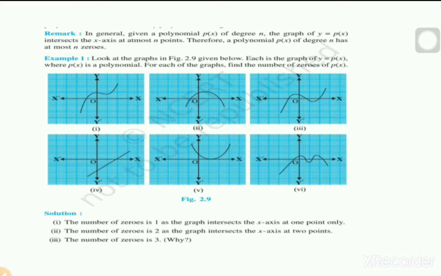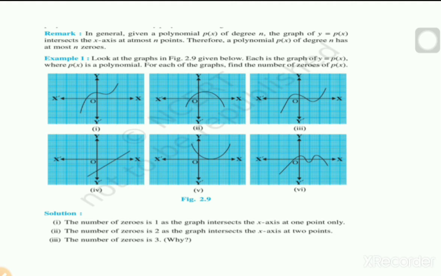So a linear polynomial always has 1 zero, but a quadratic polynomial can have at most 2 zeros.